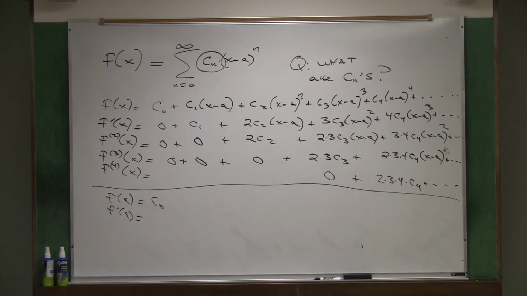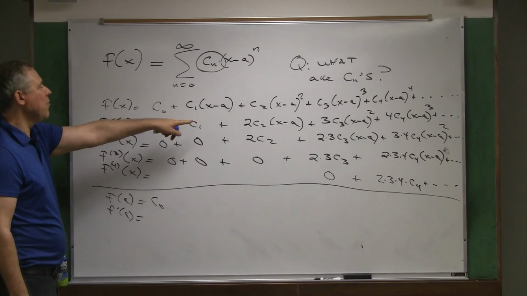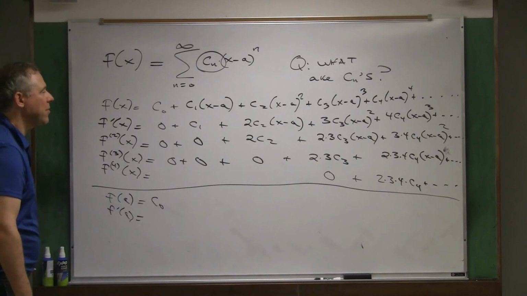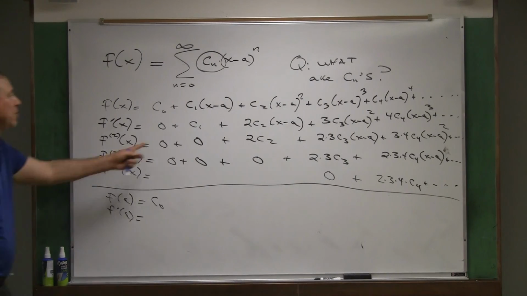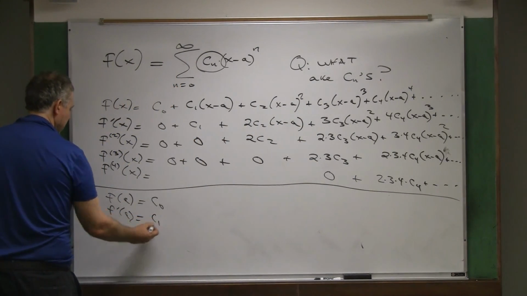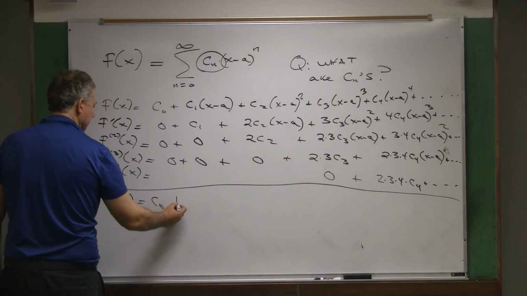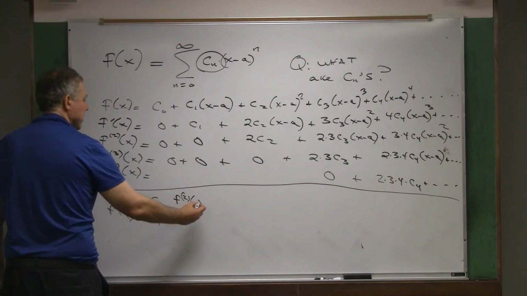Why can't you just plug in a on the right hand side and tell me what you end up with? C1. Yeah, all of these will be 0, but you still have the C1. Now, what's the second derivative at a? 2C2.